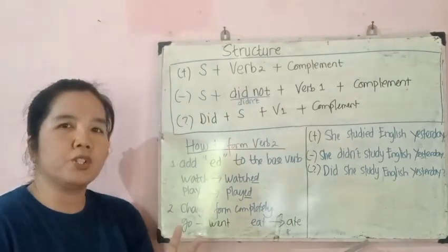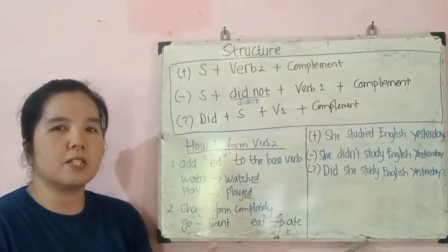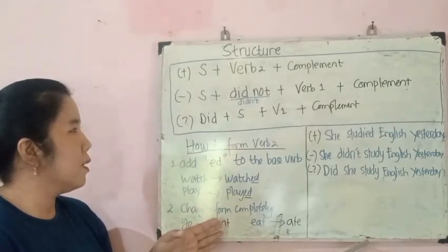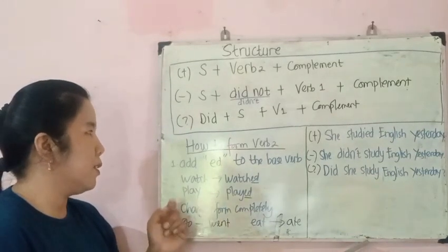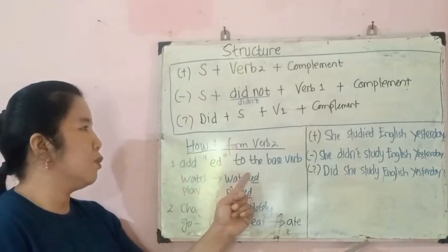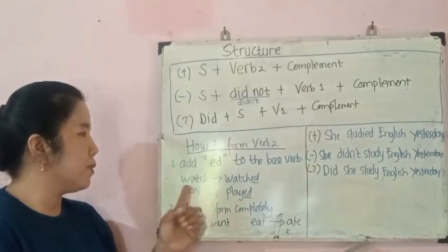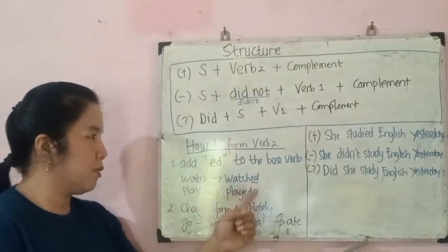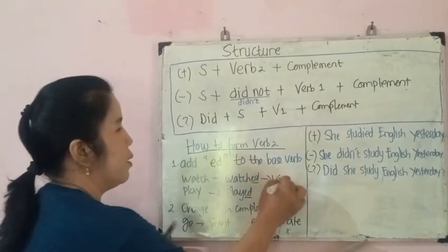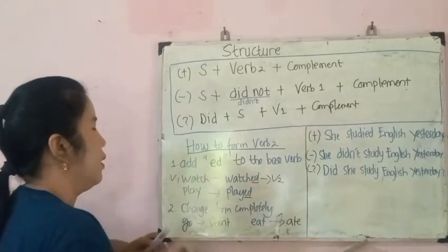Okay. There are two types of verbs in the simple past tense, and two ways to form the verb. First, we add ed to the base verb. For example, watch becomes watched. Okay, this is verb 2, and this is verb 1.